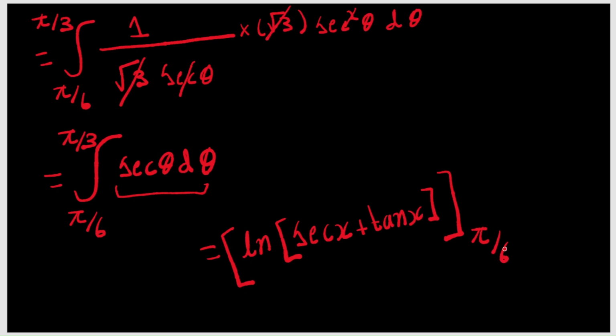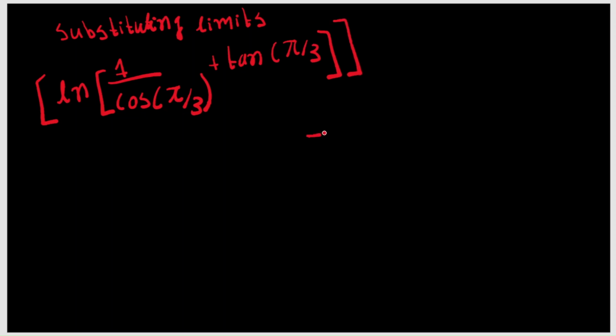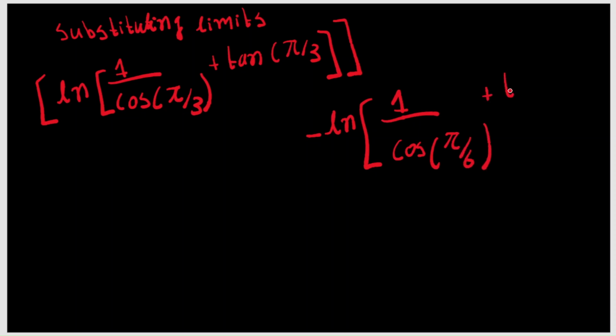Now we're going to substitute the limits. So we get ln of 1 over cos pi by 3 plus tan pi by 3, minus ln of 1 over cos pi by 6 plus tan pi by 6. Sec x is 1 over cos, which is the reason I've done it.